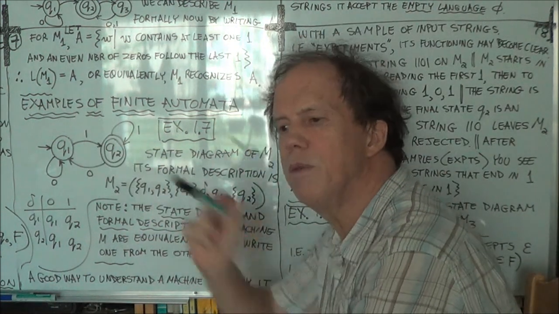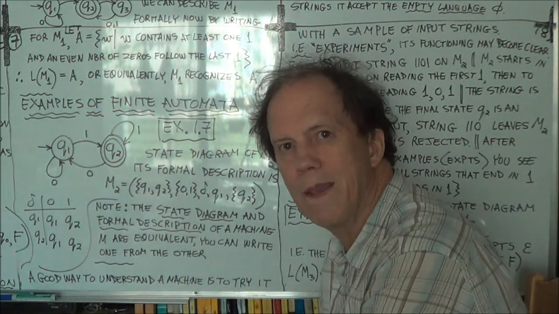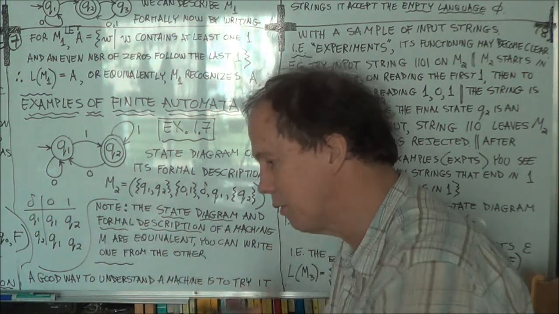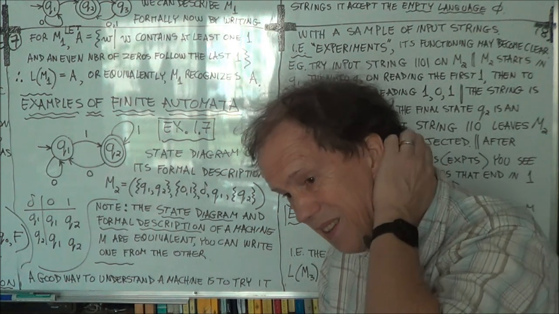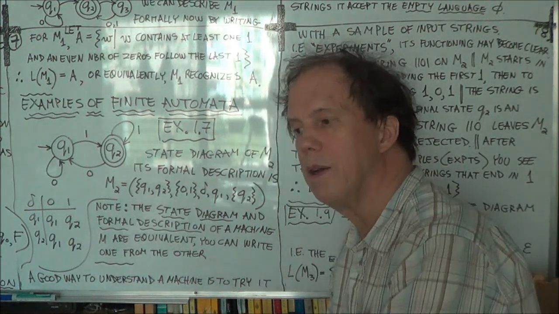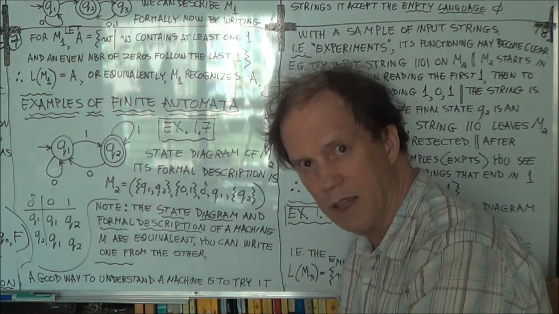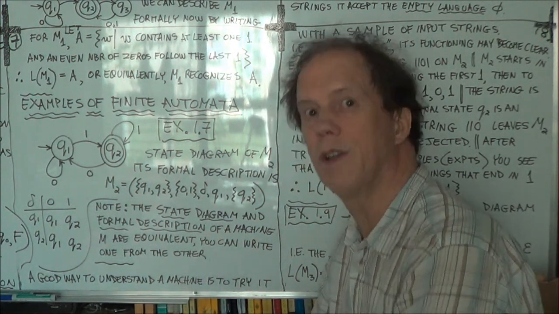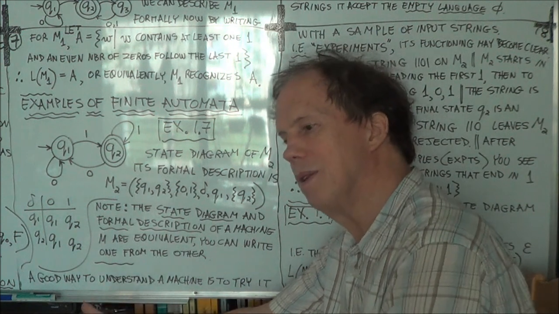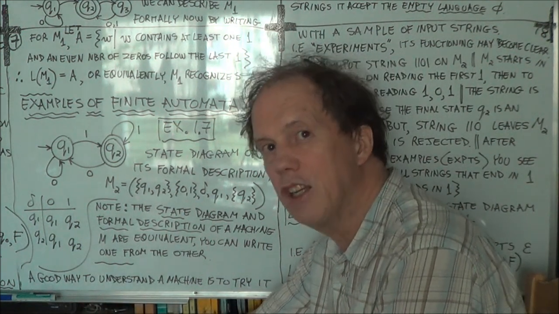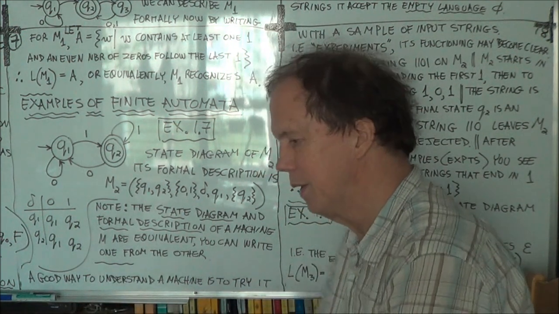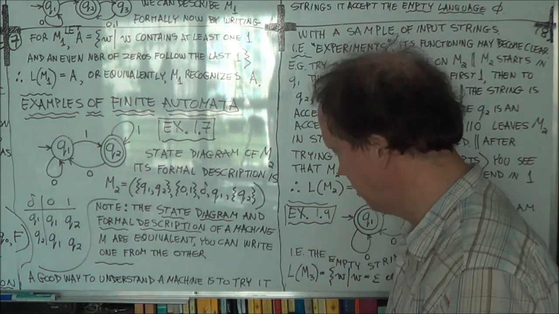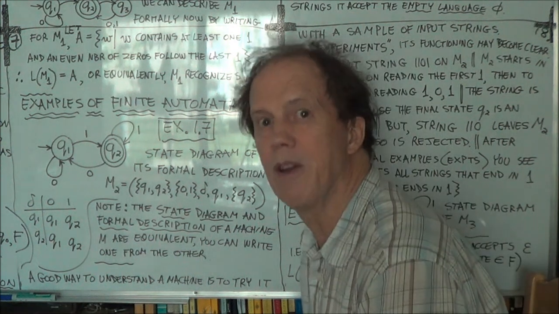Well, you input various sample strings and see what happens. And then hopefully after a while you'll notice patterns, things in common amongst the accepted strings, and those properties do not exist amongst the strings that are rejected. Doing that kind of thing is called experimenting.